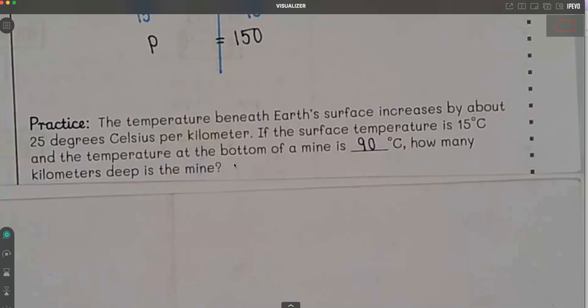Yes. You're going to want to create an equation, and it will be a two-step equation. Yes. Yes, yes. Yes.